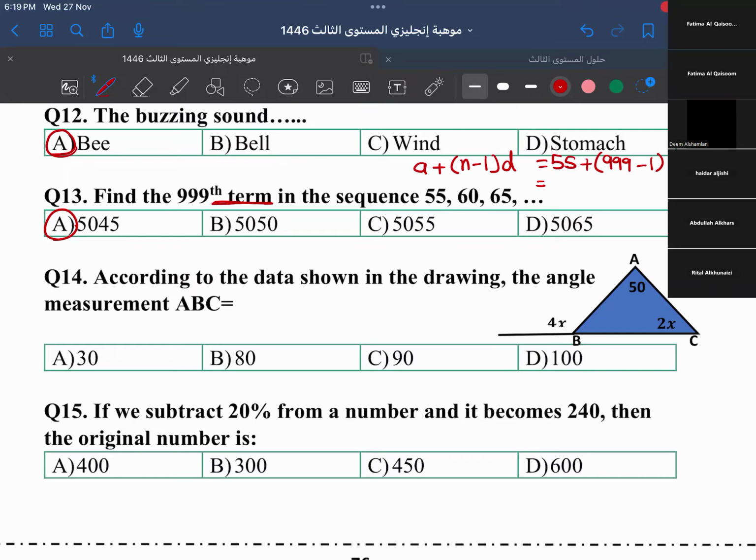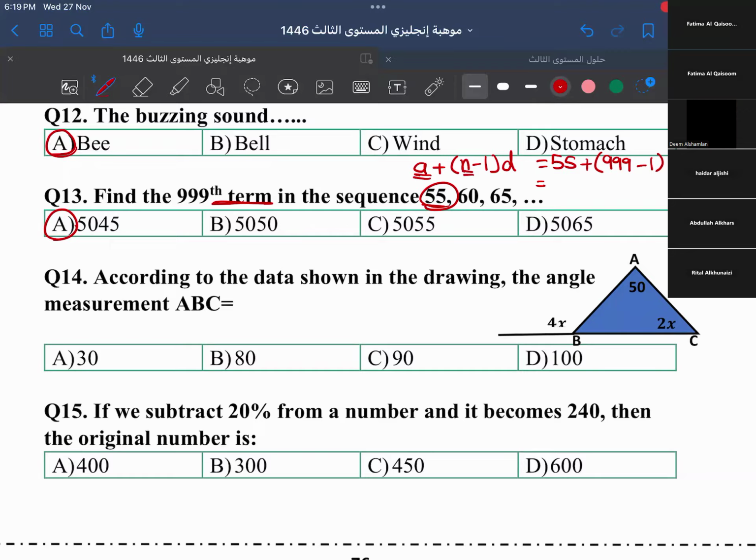Okay. So excellent, Vital. This is actually the formula that I was going to say. This is a formula used to find a specific term in a series with a pattern. You put in A, which is the first term you have, the first number. N is the term that you want to find.